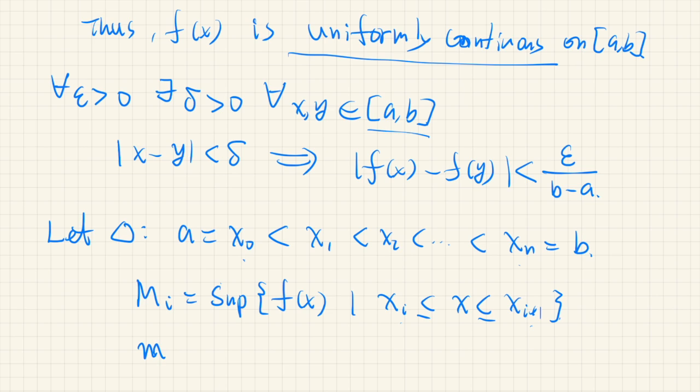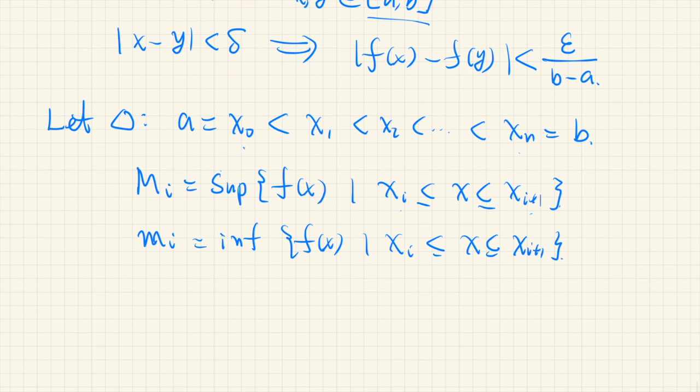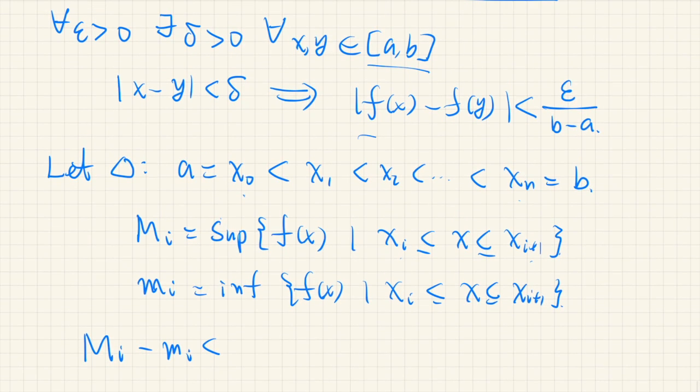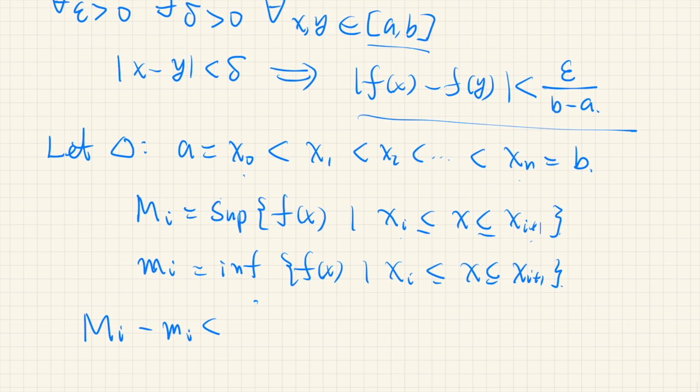And lowercase mi to be the infimum of the functional value in the subinterval. And because the function is uniformly continuous, the difference between this uppercase Mi and lowercase mi is always less than epsilon over b minus a.